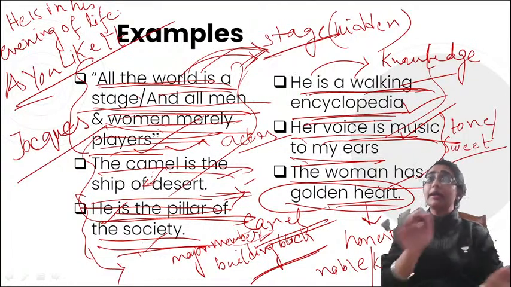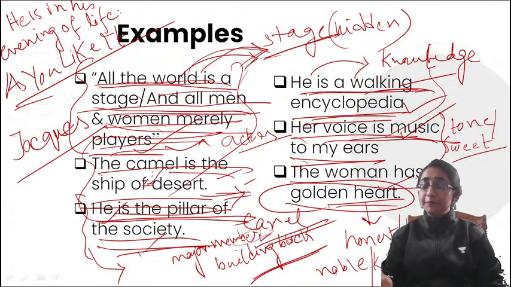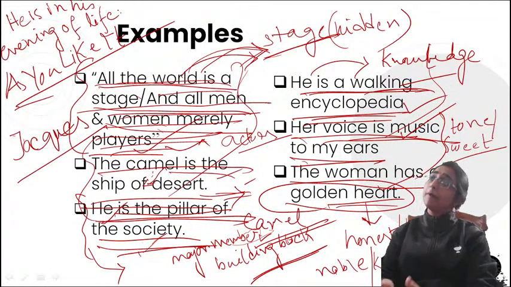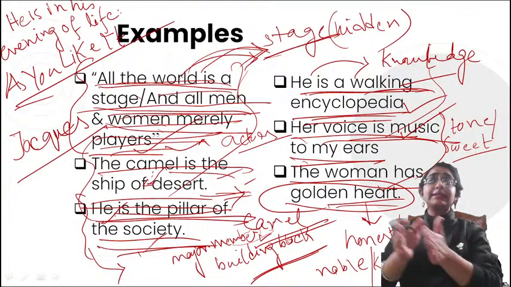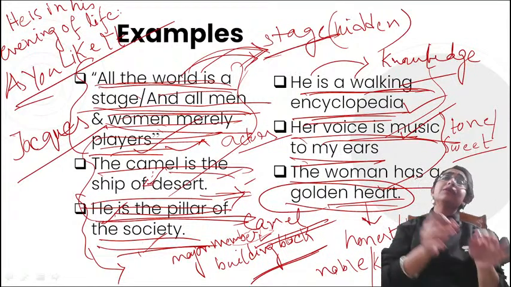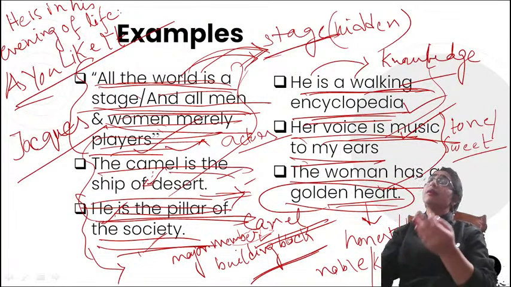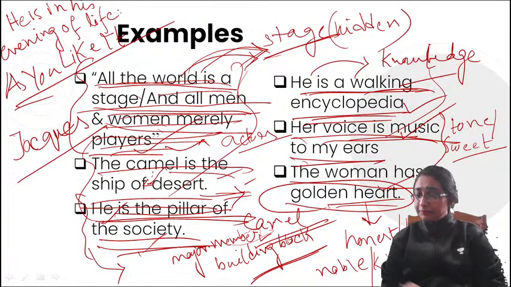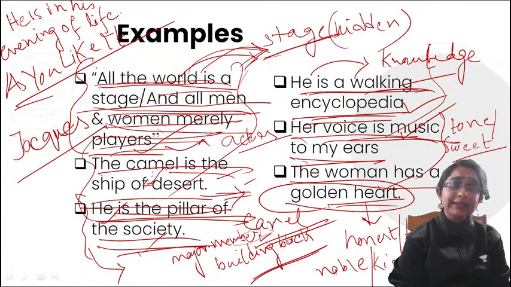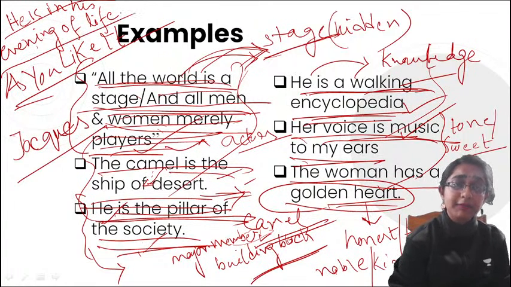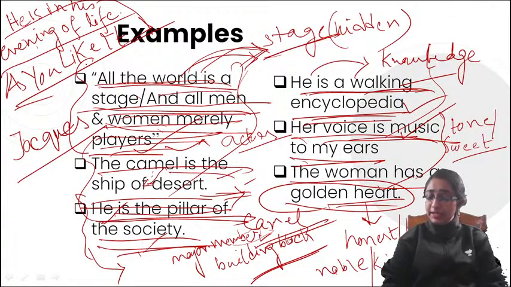There is no word like, as, etc. So here also the point of comparison is the same: evening is the end of the day, and he is also at the end of his life. Maybe he is in his old age, or he is on his deathbed. That is the point of comparison here, and that is why it is a metaphor. He is in his evening of life.